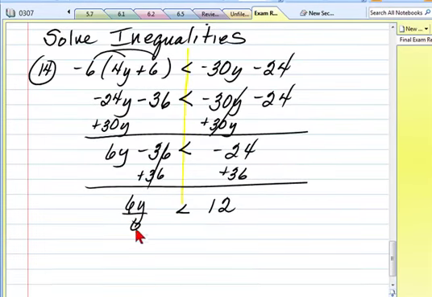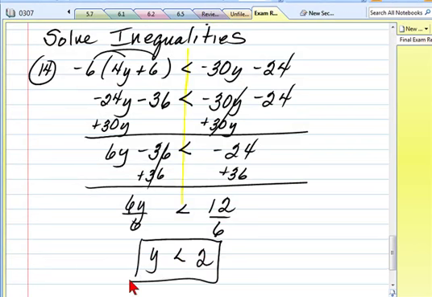I divide by 6, divide by 6. Nothing happens to the inequality symbol because I'm dividing by a positive number. What happens if the coefficient of the variable is negative, which means I divide by a negative? It flips the symbol, reverses it to go the other way. That doesn't happen in this problem. So y is less than 2.